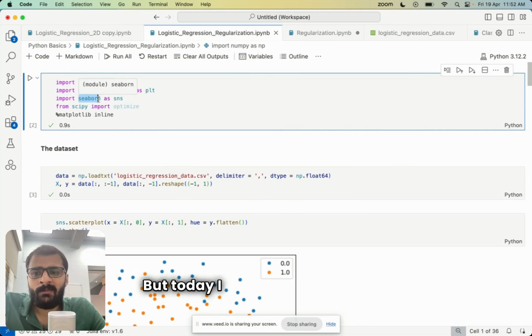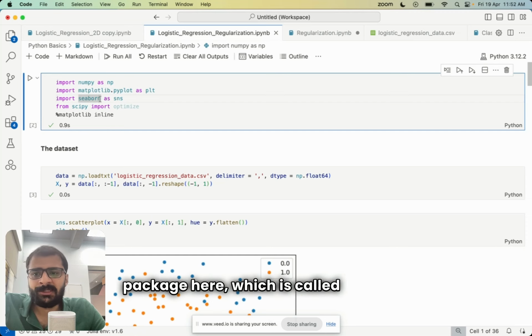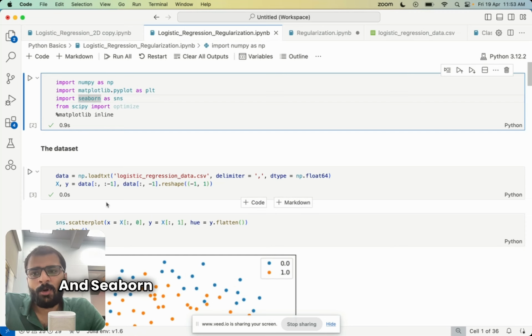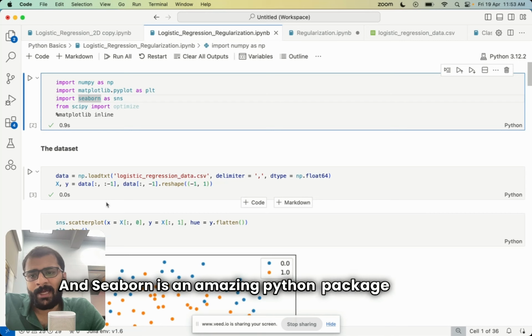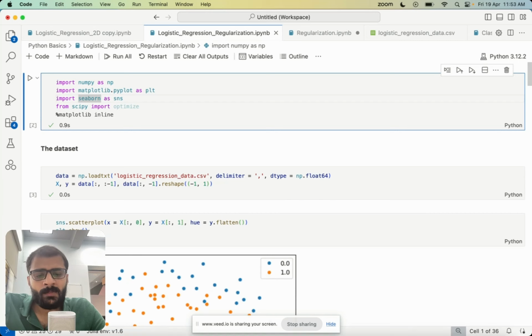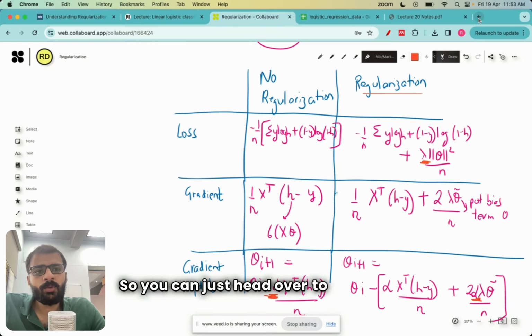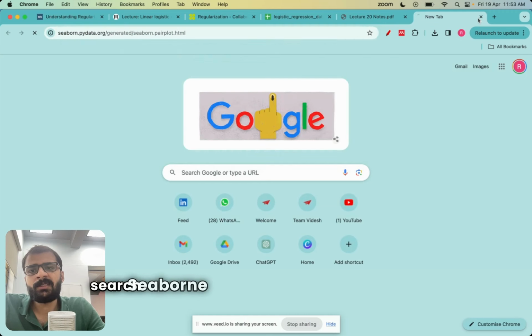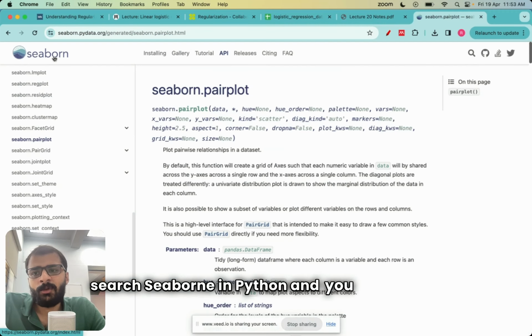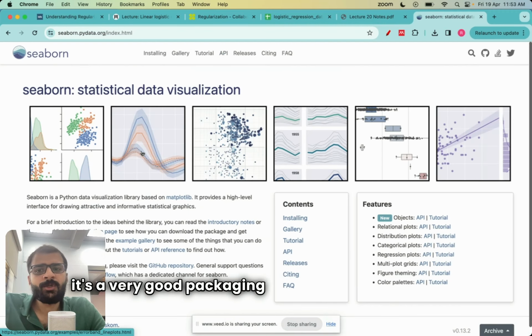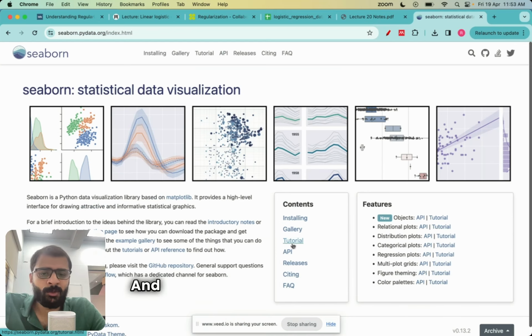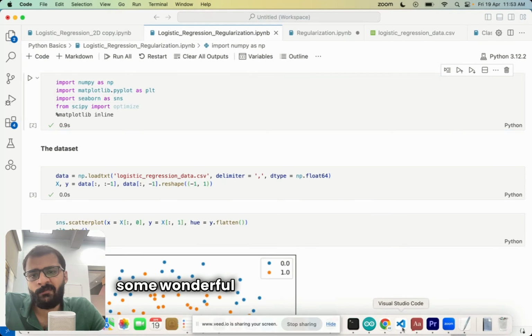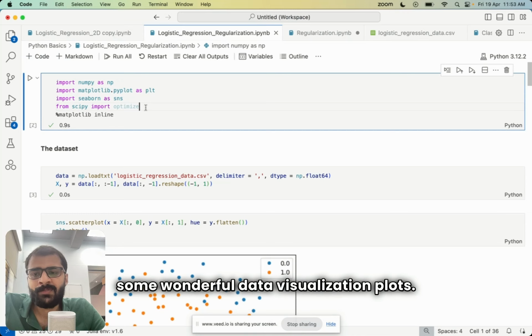But today, I have loaded one more package, which is called Seaborn. Seaborn is an amazing Python package for plotting. You can just head over to Google and search Seaborn in Python, and you will see that it's a very good tool for data visualization. Using Seaborn, you can generate some wonderful data visualization plots.